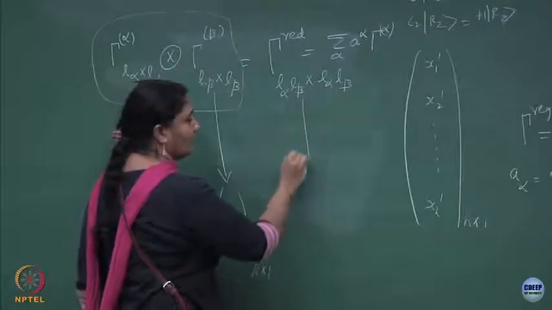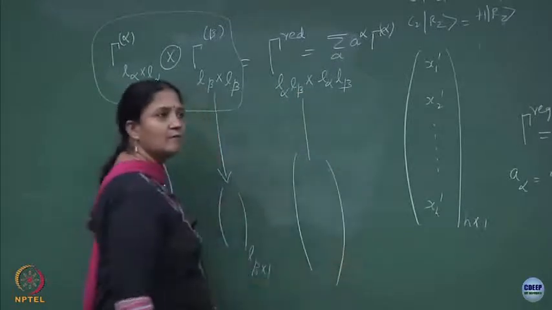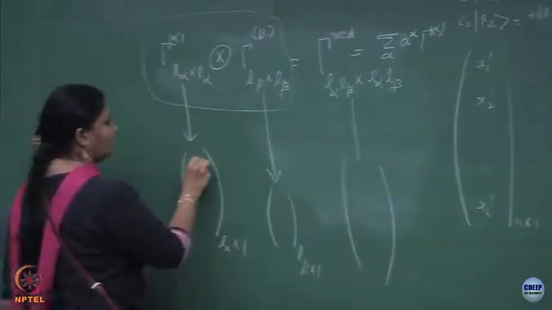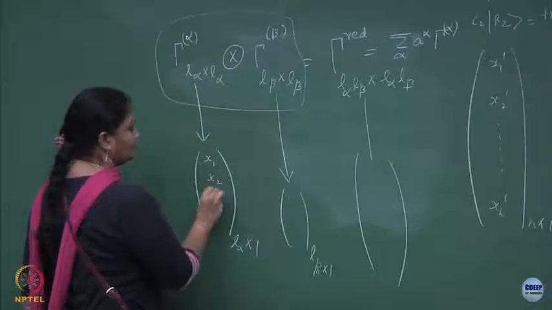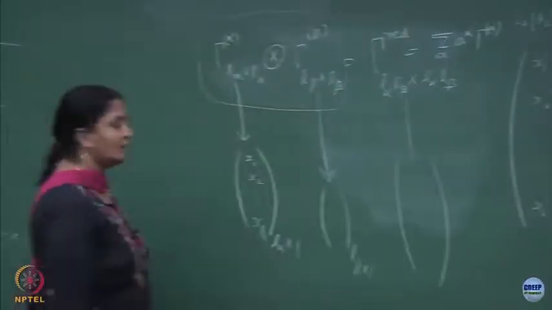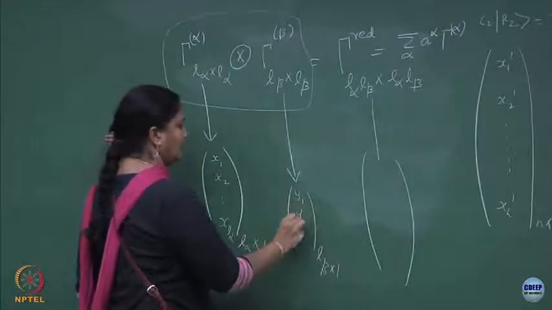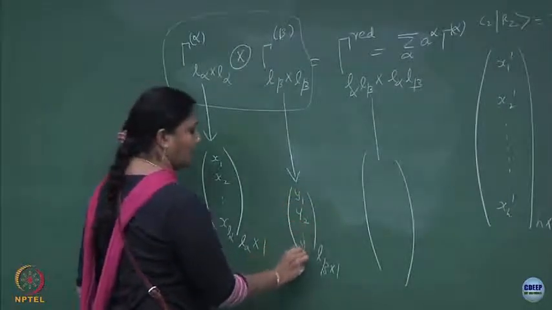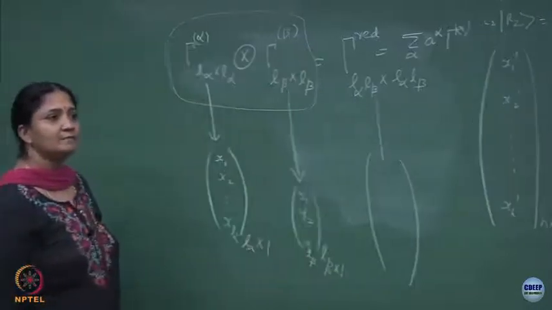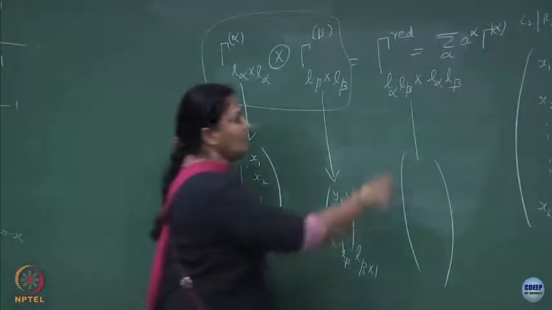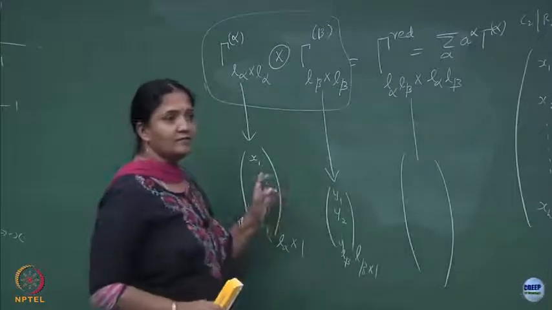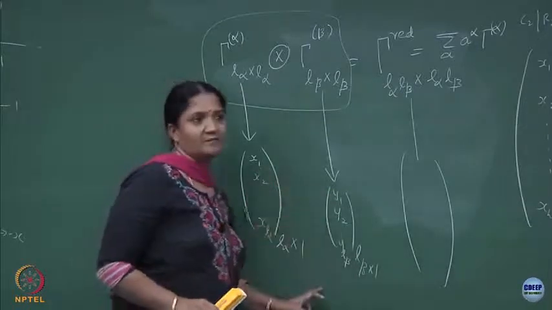So, let me say here it is x1, x2 up to x L alpha, y1, y2 up to y L beta, right. What will this be? I said that when you do a tensor product, take the first one and multiply everything.